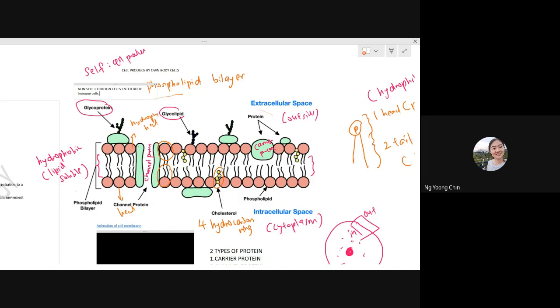I need to attack it. It may be something dangerous, like a pathogen. So this is the function of glycoprotein and glycolipid: cell recognition and identification.